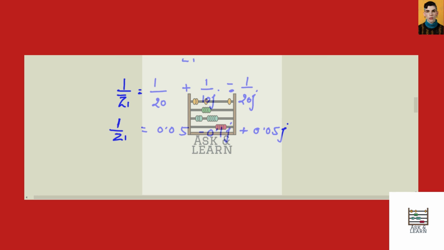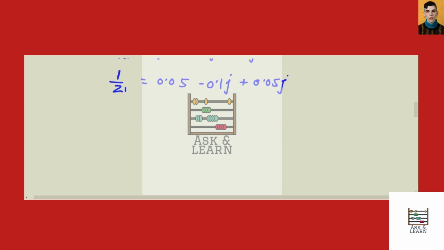So these are the values of 1 upon Z1. Let's further simplify. The value of 1 upon Z1 will be 0.05 minus 0.05j. Just simplify both of them.